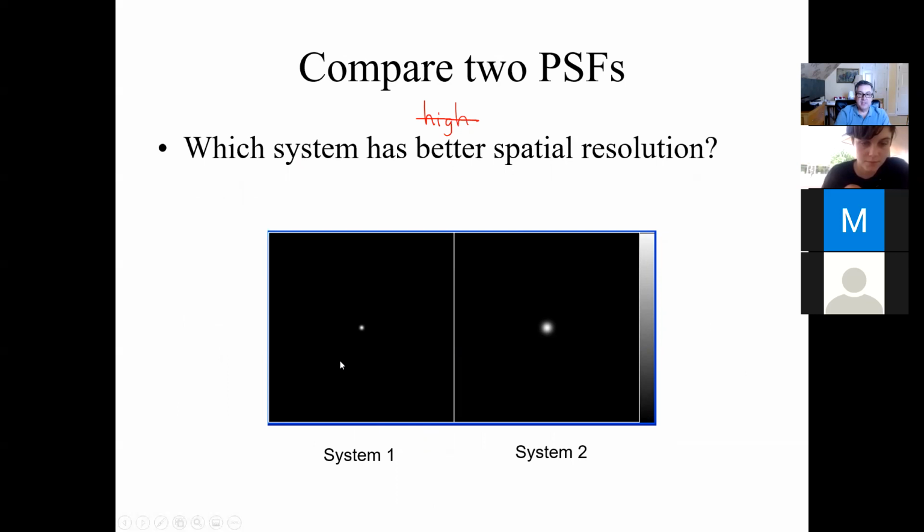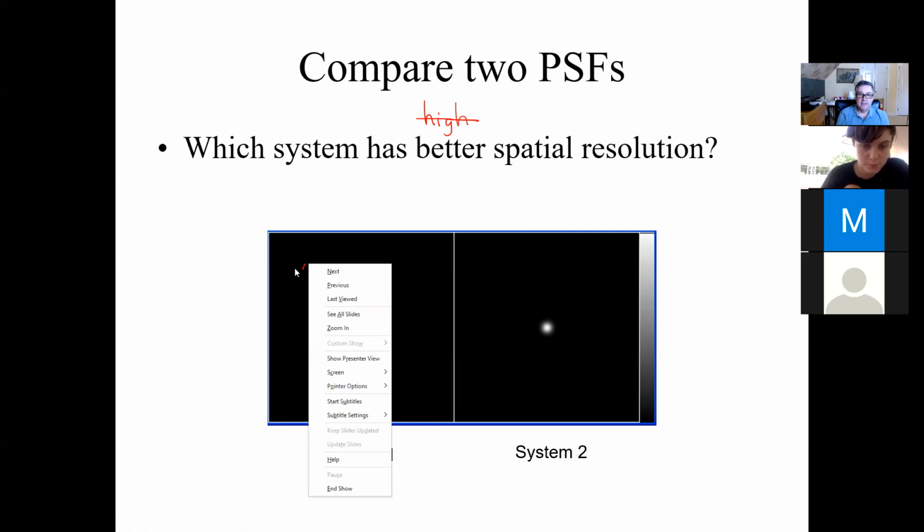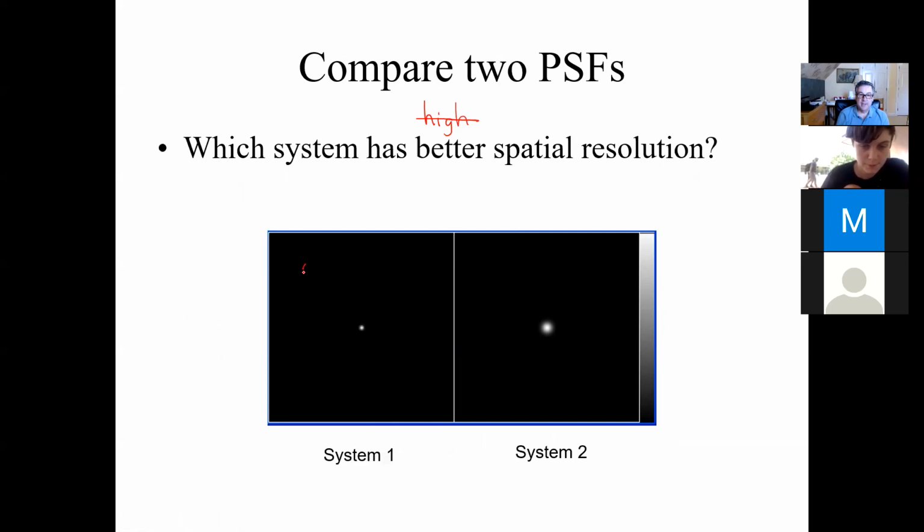If this is the point spread function, let's say for system one, and let's say this is linear and shift variant, well, one way of looking at that is to say that the point spread function is different in different places.